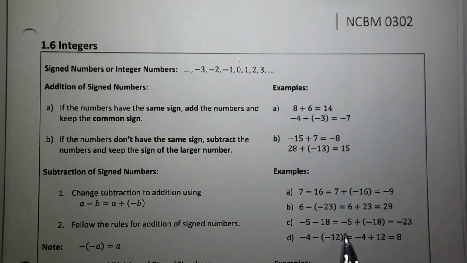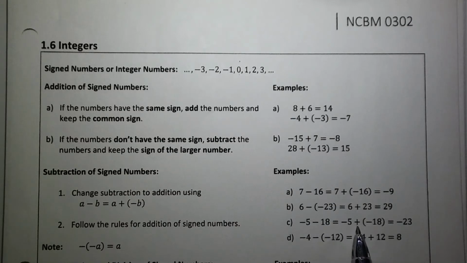Now look at example C. We follow the same rule here. Negative 5 minus 18. We keep the first number, negative 5. We change the negative sign to an addition sign, and we keep the sign of 18, which is negative.